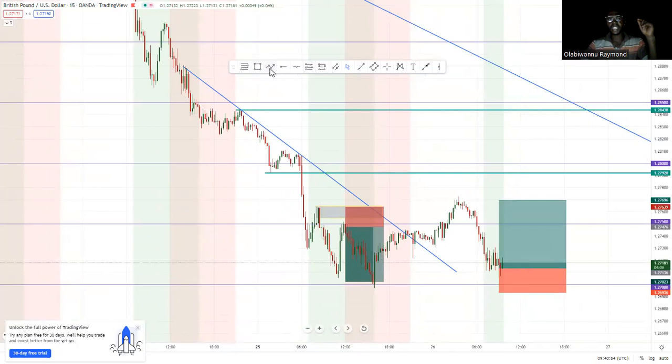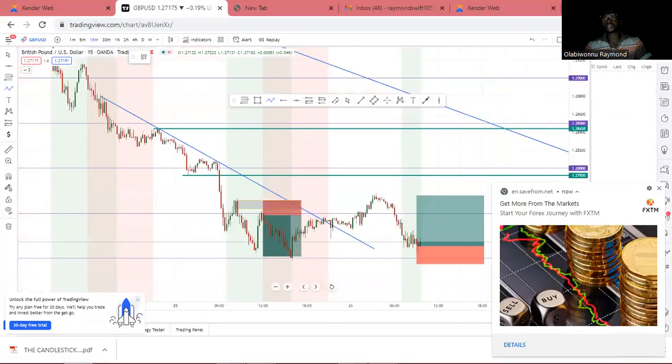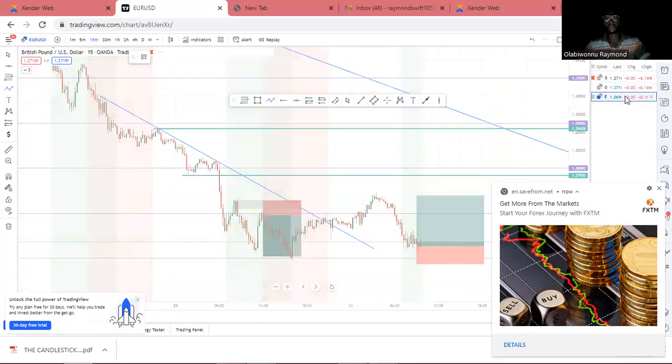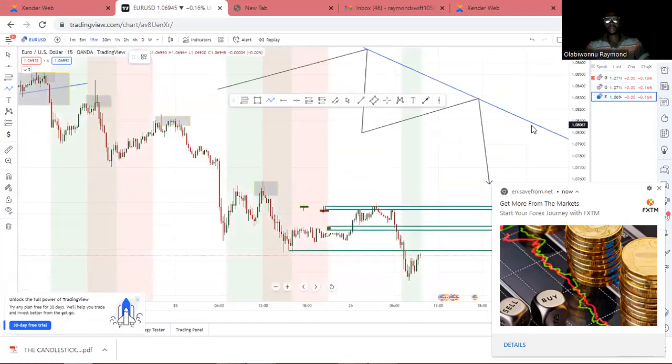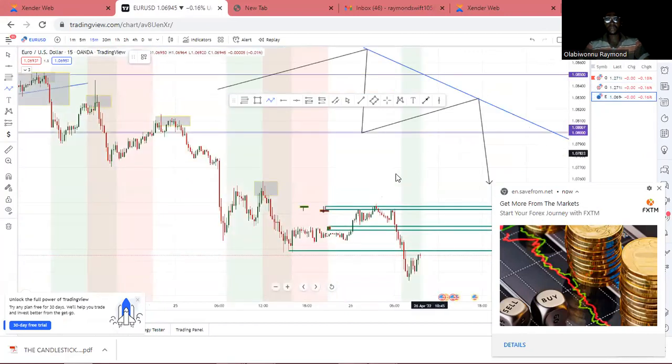When you're drawing a trend line, sorry, let me find something more suitable to use. Okay, this was what I was using for explanation yesterday.